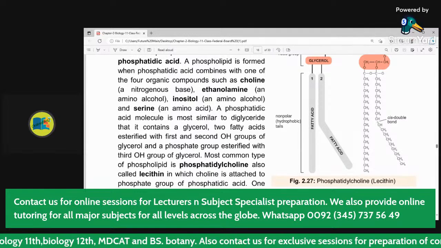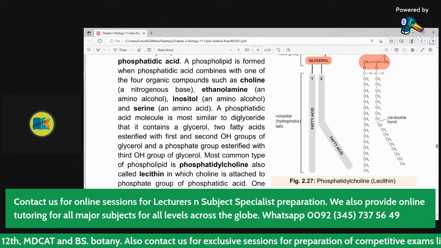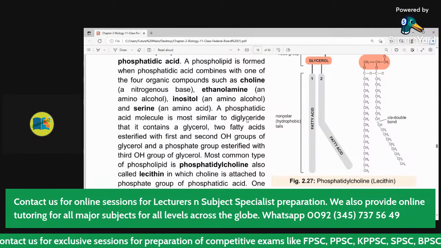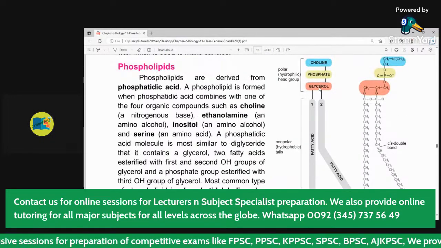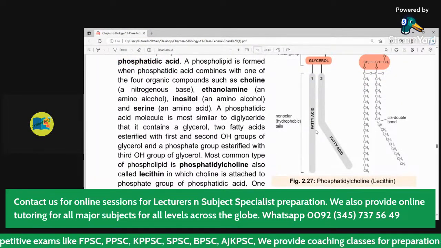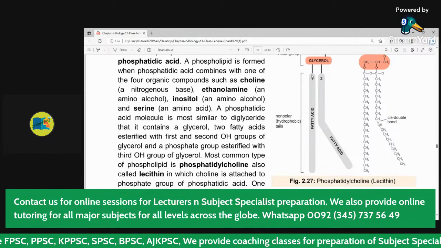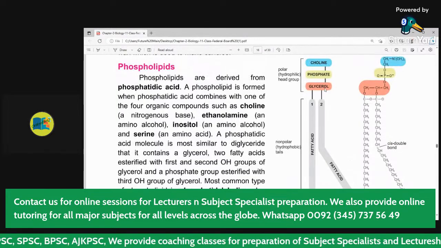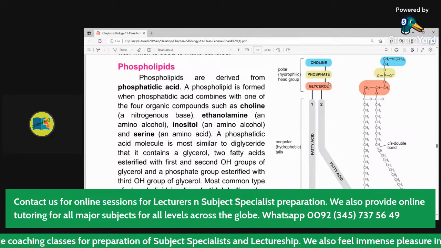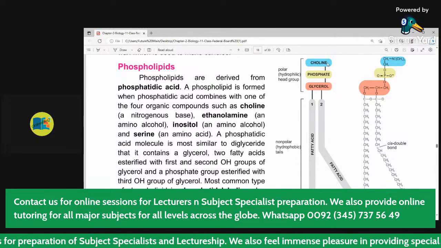Here we can see the glycerol, and there are two fatty acids at carbon number 1 and 2 of glycerol, while the third carbon in glycerol is chemically linked with choline.